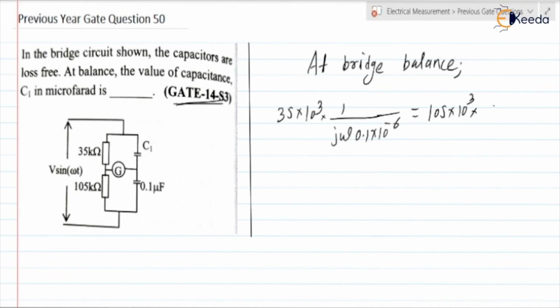But C1 can be replaced with 1 upon j omega C1. Now if we simplify it, the j omega here and j omega here will get cancelled out. So from this we can directly find the value of C1.